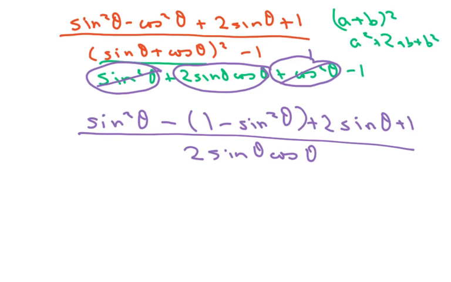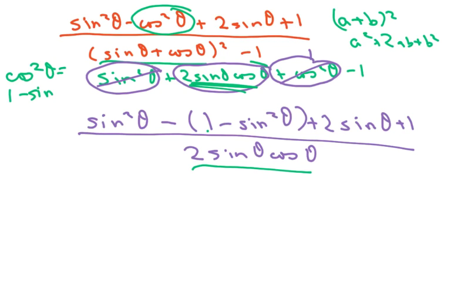So basically, I took care of my denominator here, and I just wrote this down for the denominator. The numerator, I took my cosine squared and wrote it as 1 minus sine squared, because cosine squared of theta equals 1 minus sine squared theta. That's your Pythagorean identity.